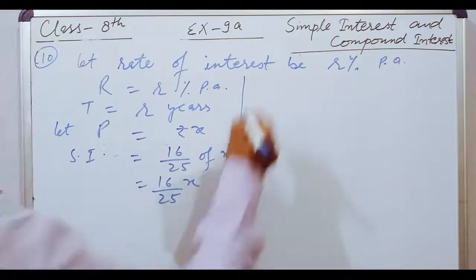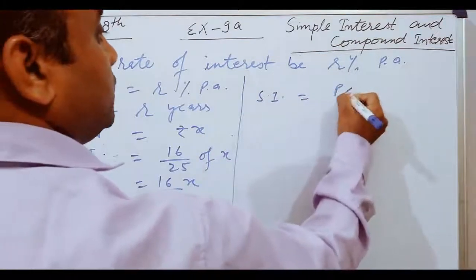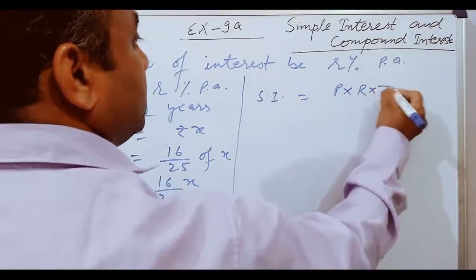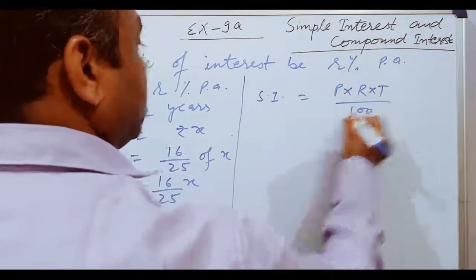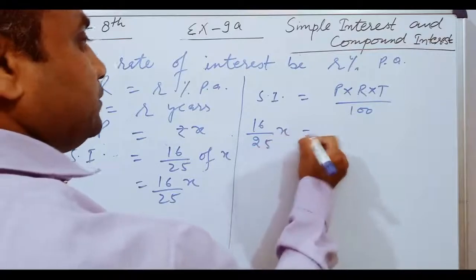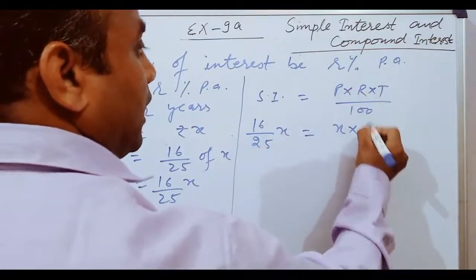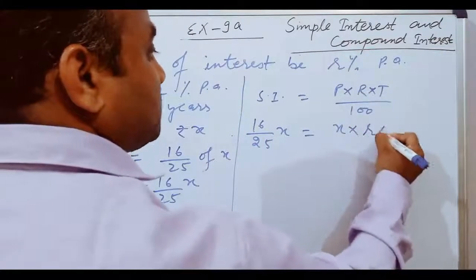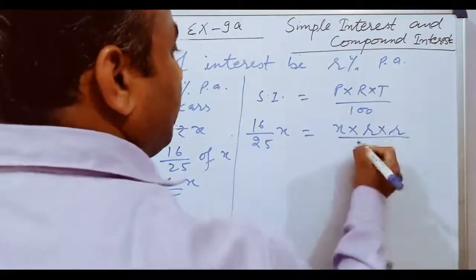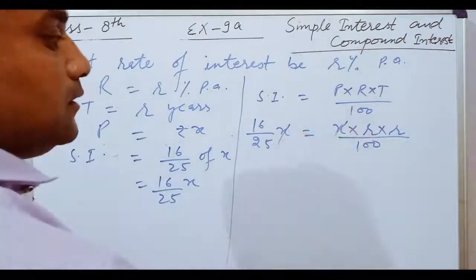Now we know very well the formula SI equals P into R into T upon 100. It is 16 upon 25 x equals principal x, into r into r upon 100. x on both sides we can cancel.